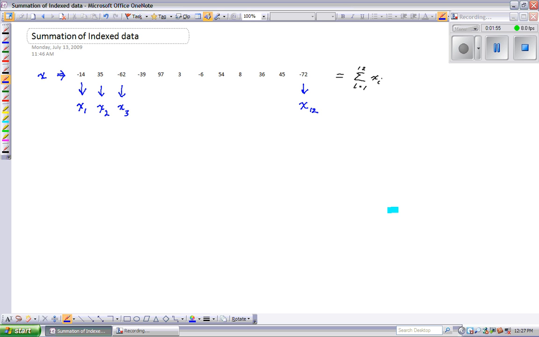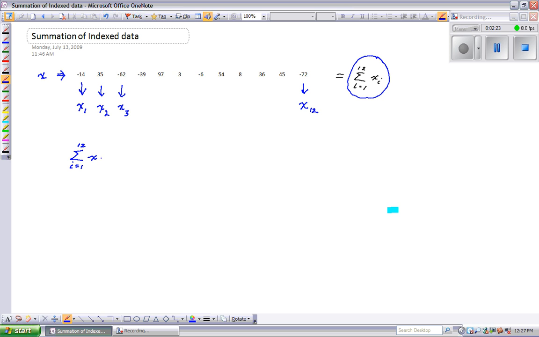Now, what a summation notation does is tell us we're going to add up something, and what we're going to add up is the thing that follows. This summation notation, which I wrote off to the side, is the summation of the x's as the index goes from 1 to 12.